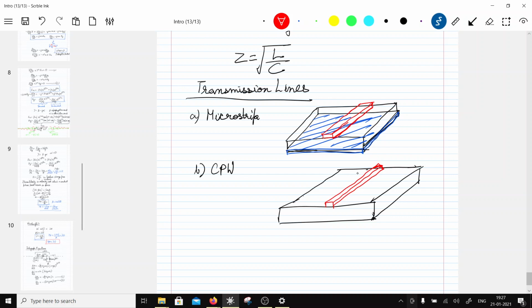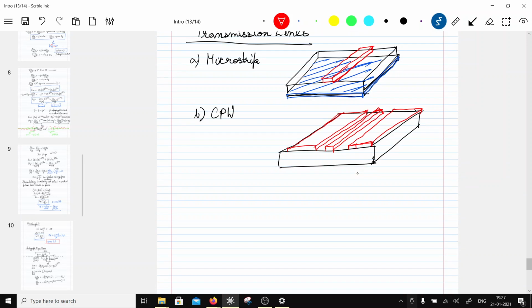Then on the same plane there is a ground here, and on the other side also there is a ground. So on the top view it is going to be a line and two ground planes like this. This is called CPW.